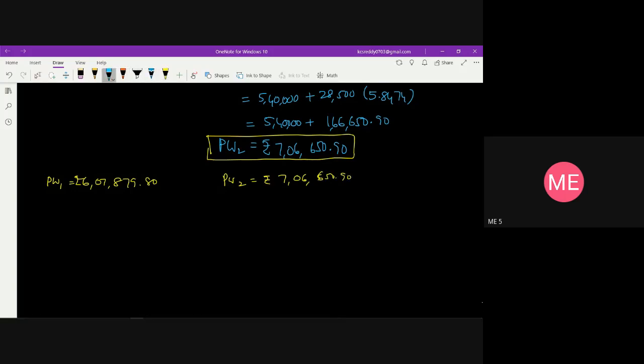Looking at these two present worths, because it is a cost dominated cash flow diagram, will you go for a higher present worth or the minimum present worth? Because it is cost dominated, you will be looking at the minimum cost, which has to be chosen.